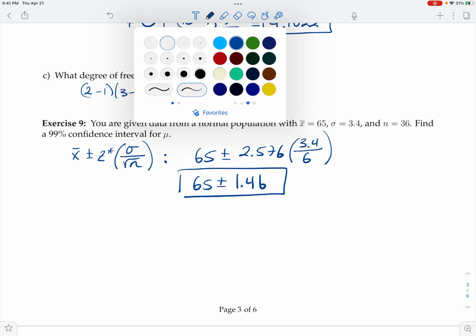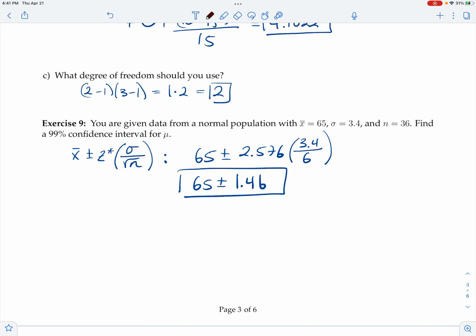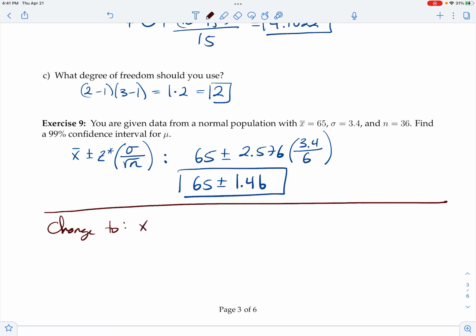Now, just for the sake of learning, let's go ahead and work this problem out if I had dropped that. So what if I changed it to x bar is 65, s is 3.4, and n is 36, and then we have the same question. And so what changes?